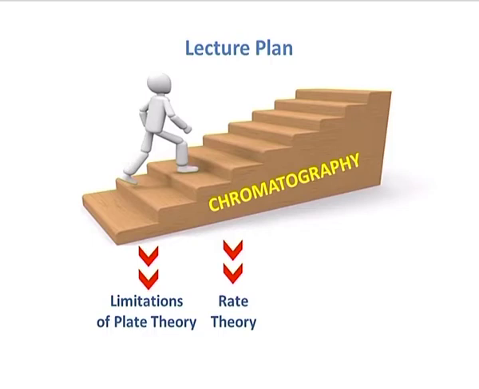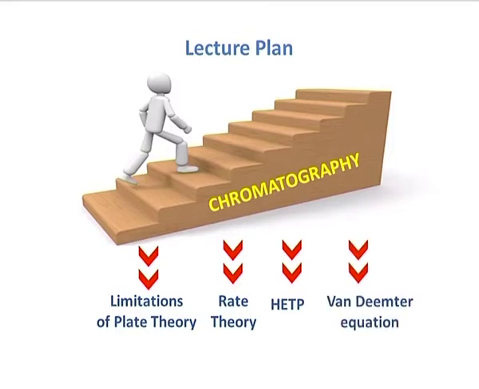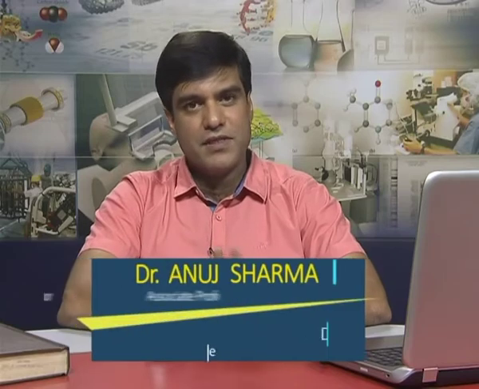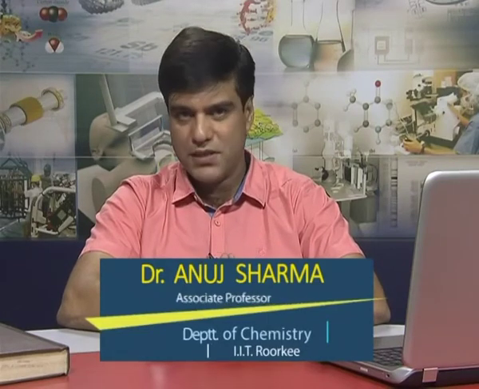During this discussion, we will conceptualize and define another term, HETP, which is height equivalent of a theoretical plate, and towards the end of this lecture we will be deriving a very important equation, which is the Van Deemter equation. We discussed in the previous lecture the plate theory and its significance as far as column efficiency was concerned.